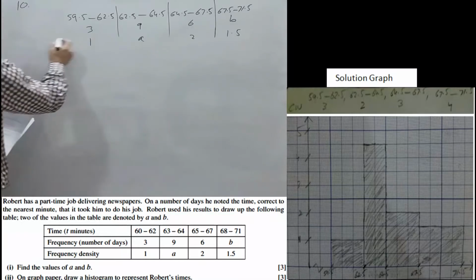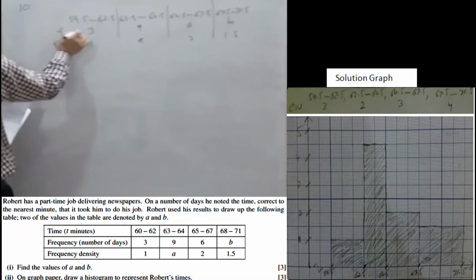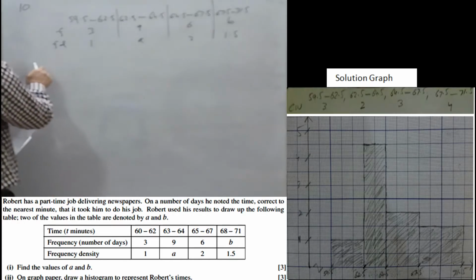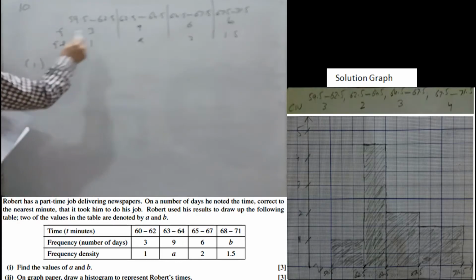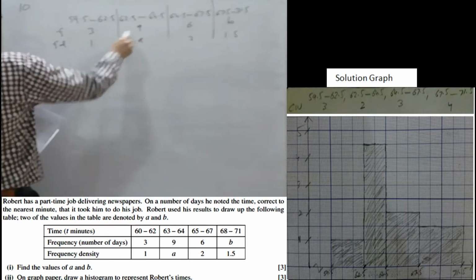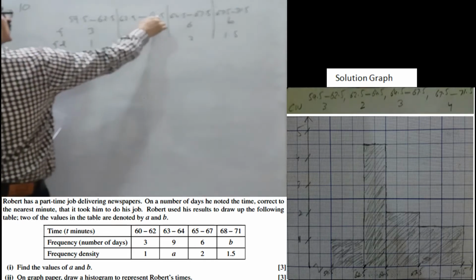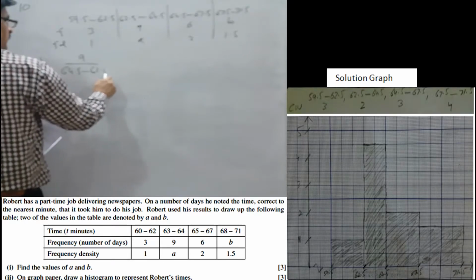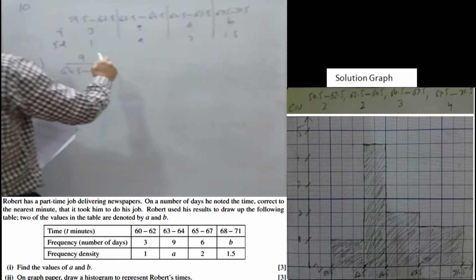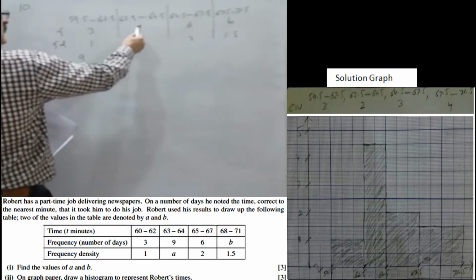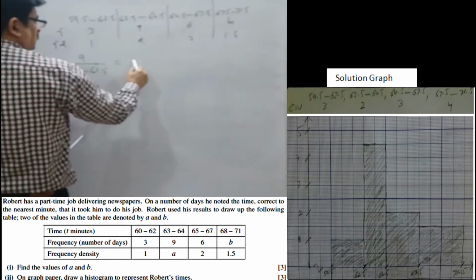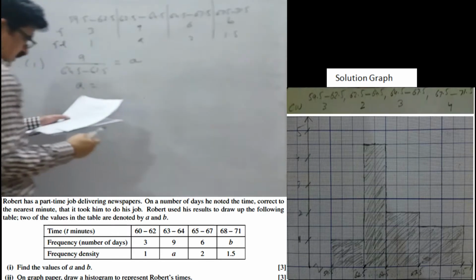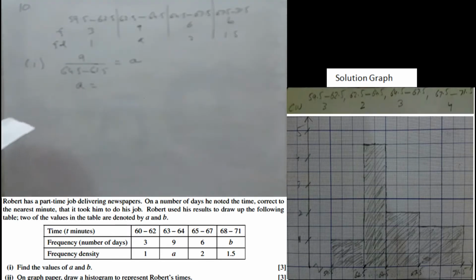This is the frequency density and this is the frequency. Now you are asked to find the values of A and B. For the first part, frequency divided by class width, 64.5 minus 62.5, is equal to frequency density. From here you can find the value of A to be 4.5.